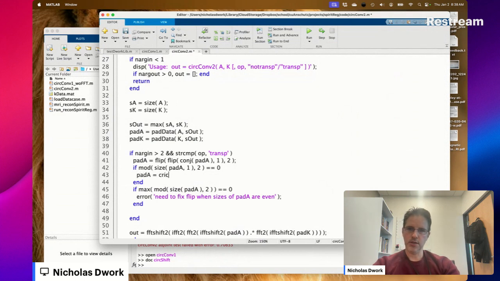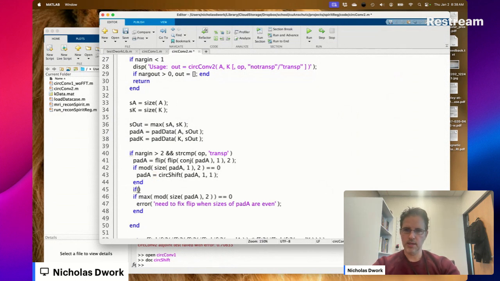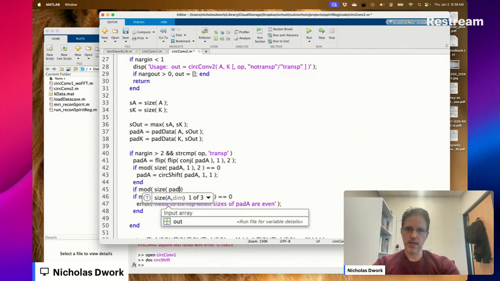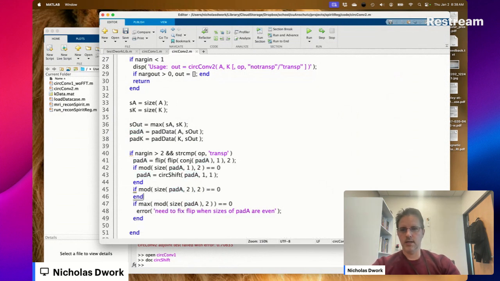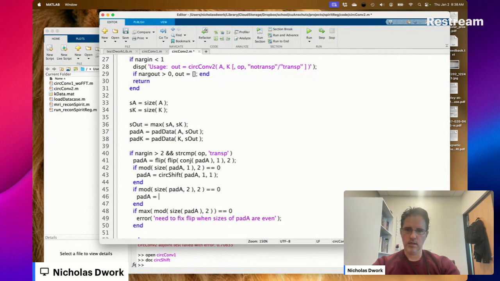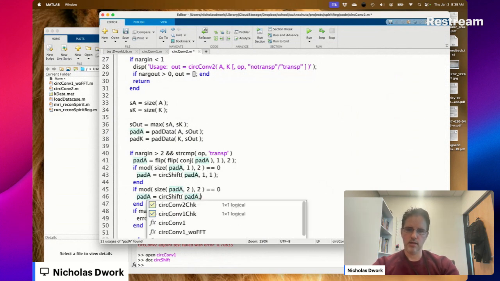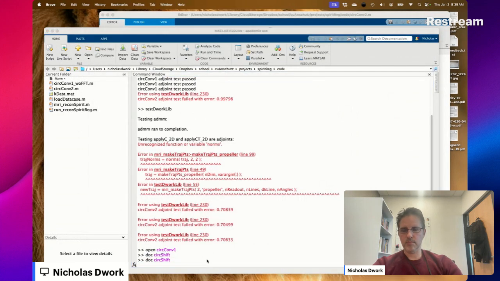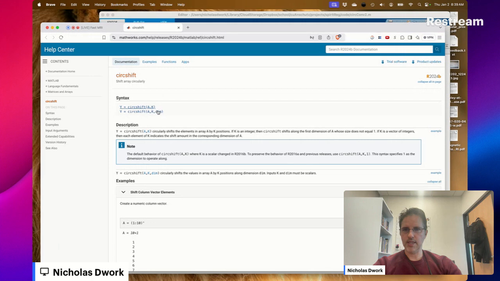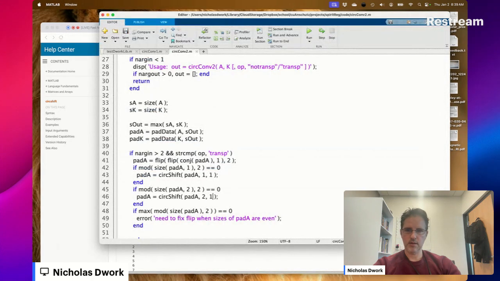Pad A is equal to circ shift pad A, the first dimension by 1, if mod size pad A, the second dimension. Is that right? The dimension is the last variable. Okay, so I did that wrong.